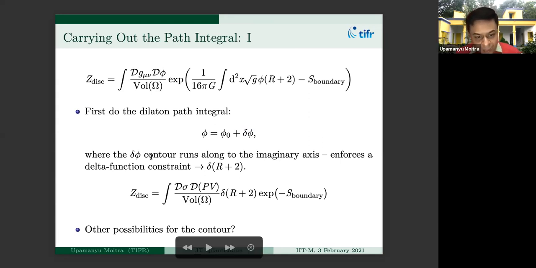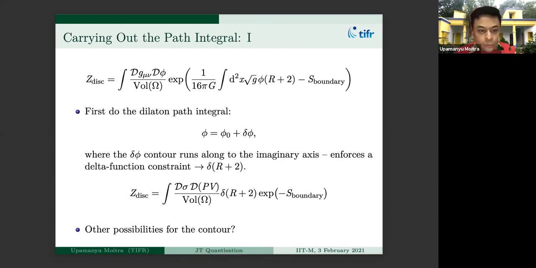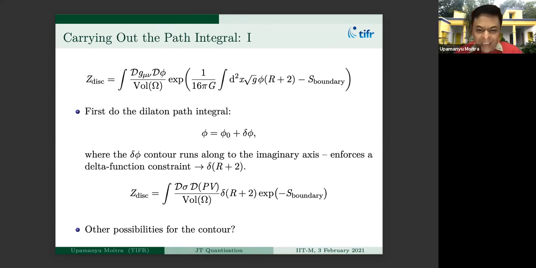But is there any problem in changing the contour from the real axis to the imaginary axis by a rotation? No, there's no problem. I mean, the delta phi contour is taken to run along the imaginary axis. What I'm saying is that it would be more natural to do it along the real axis. No, what I'm asking is, if you think of it as a rotation from the real axis to the imaginary axis, is there any problem? Do you anticipate any singularity or any problem in deforming the contour that way? No, no. No.